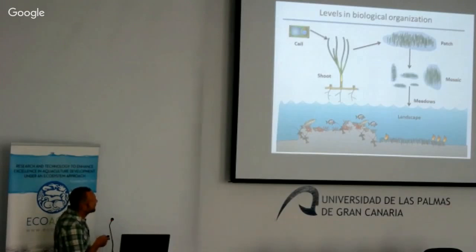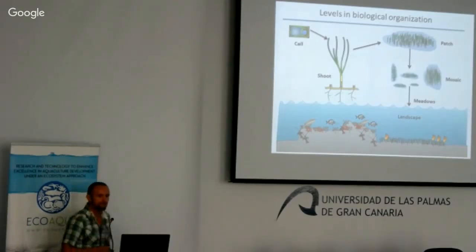A collection of shoots, of ramets, forms a seagrass patch, and a set of different seagrass patches creates meadows that normally are encompassed within a large landscape that may be connected with other types of habitats, such as rocky reefs, coral reefs, sandy bottoms, whatever.